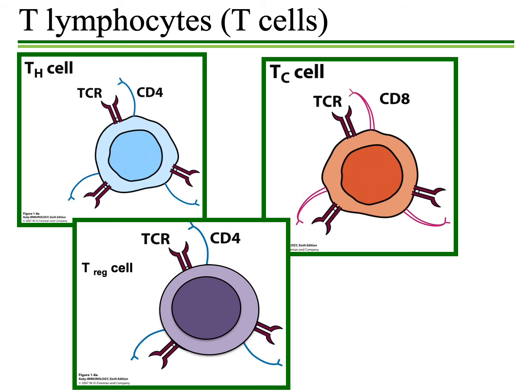T cells are a subset of leukocytes, also known as lymphocytes, and they are cells that contain an antigen binding receptor known as a TCR, or T cell receptor. In this figure, we have 3 different T cells represented on the slide, and each and every one of them does have a T cell receptor.